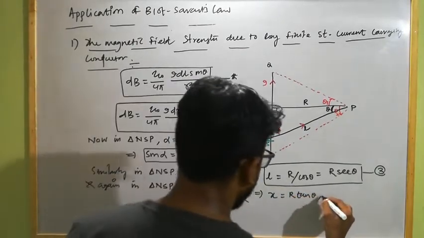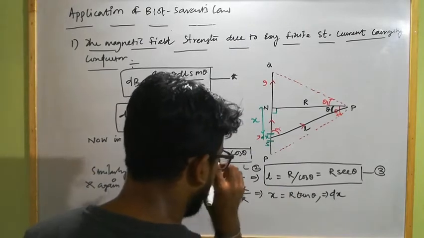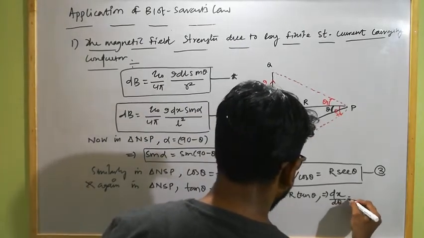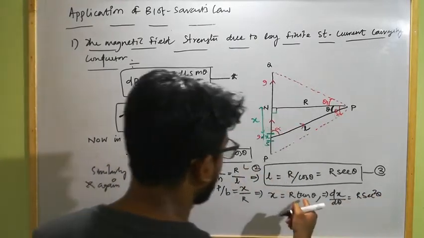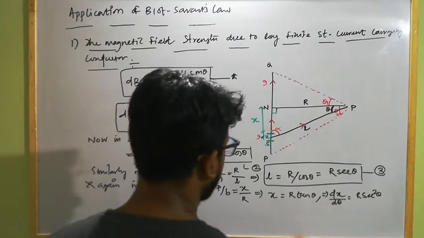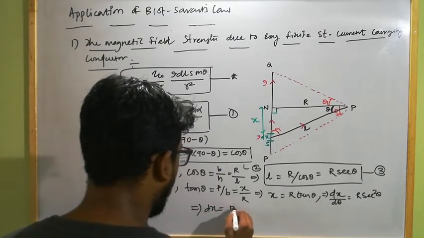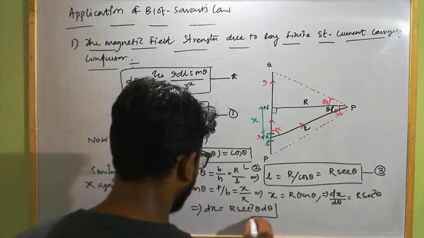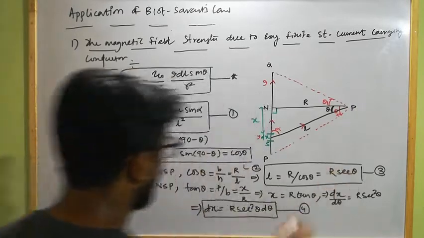Clear? From this we can get dx, differentiating both sides with respect to theta: dx by d theta equals R sec square theta. Here R is constant and the differentiation of tan theta is sec square theta. So you can write dx equal to R sec square theta d theta. Clear? Let it be equation 4.